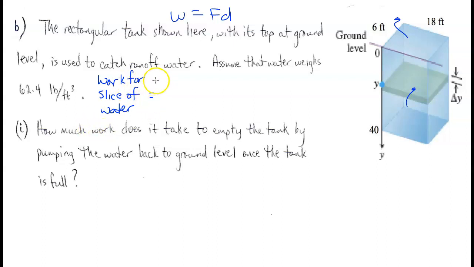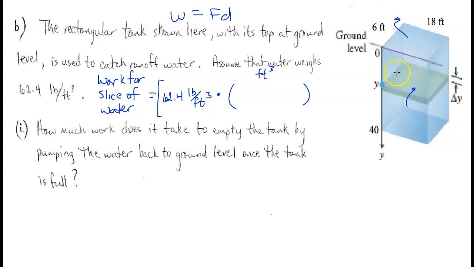Okay. So for the force end of things here, we know that we have this 62.4 pounds per cubic foot. And since we have that, we know that whatever else it is that we're going to multiply by here, the end result is going to have to be cubic feet. Okay.